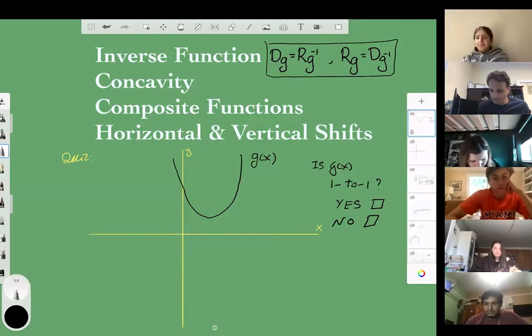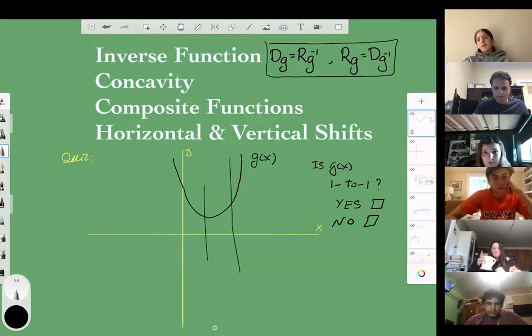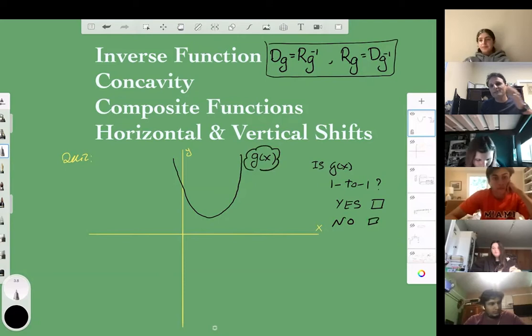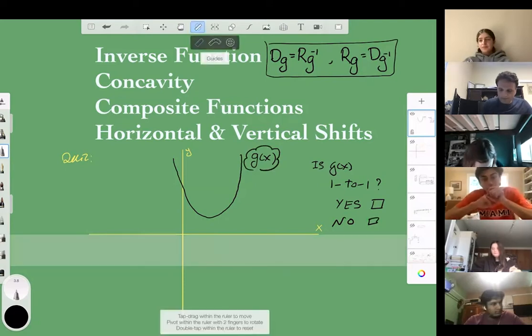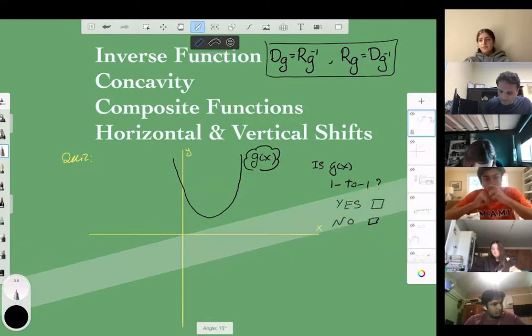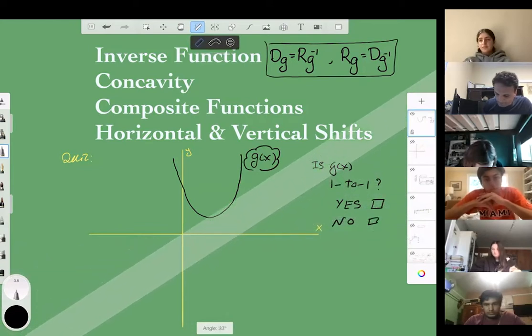Why is it no? So this g of x is a function, right? Because it passes the vertical line test, it is a function. But is it one-to-one? That means if you graph the g inverse, in order to graph the g inverse, you need to reflect over y equal to x.